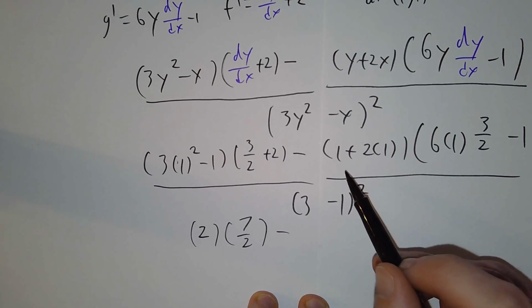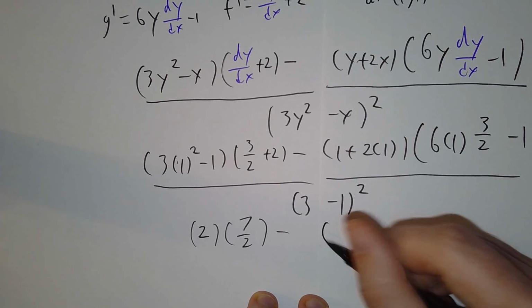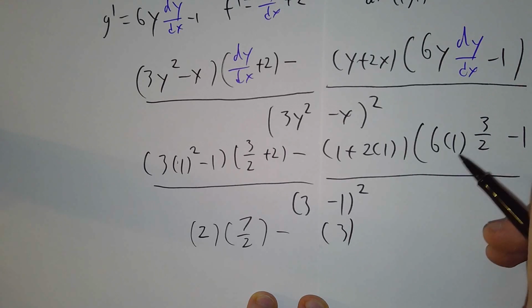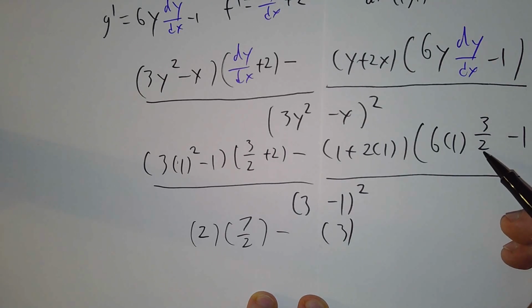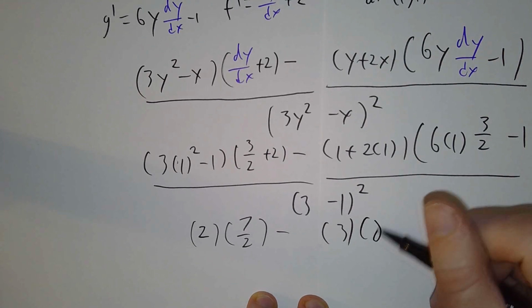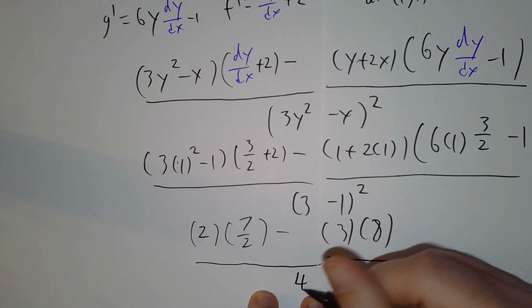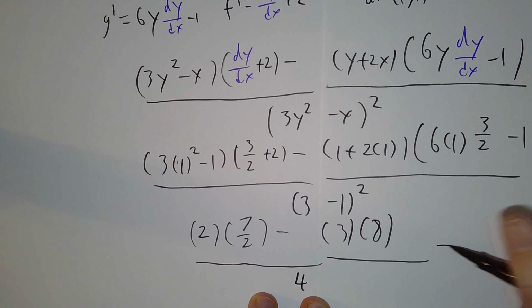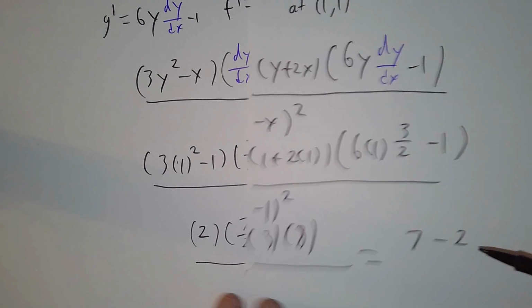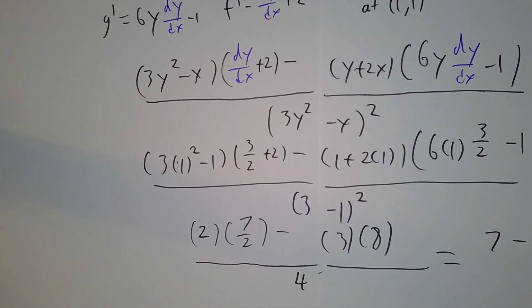Minus 3 times 18 over 2 is 9. 9 minus 1 is 8. All over 4. 2 times 7 over 2, that is just 7. Minus 24. And then over 4.